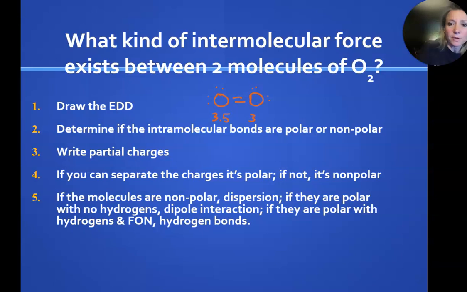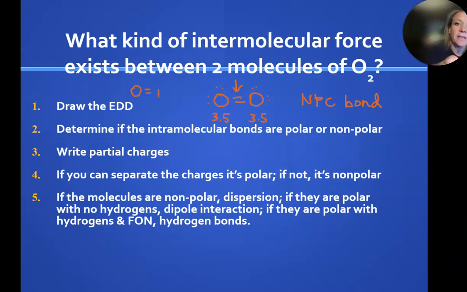And both of them have an electronegativity value of 3.5. And if I subtract them, that means that my electronegativity difference is going to be 0. And if there's no difference, then that means that they are sharing electrons equally. And so this is a non-polar covalent bond right here. And so since this is only one bond, that means that this is a non-polar molecule.